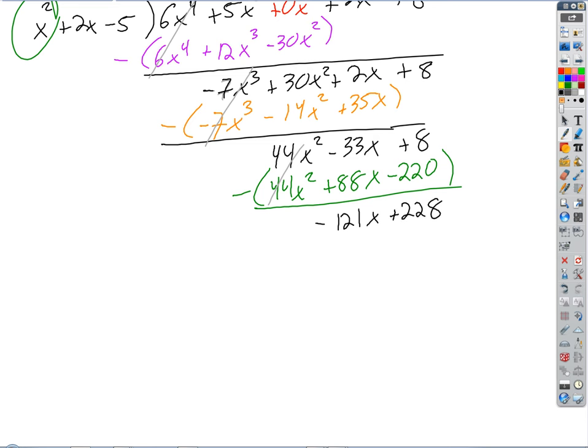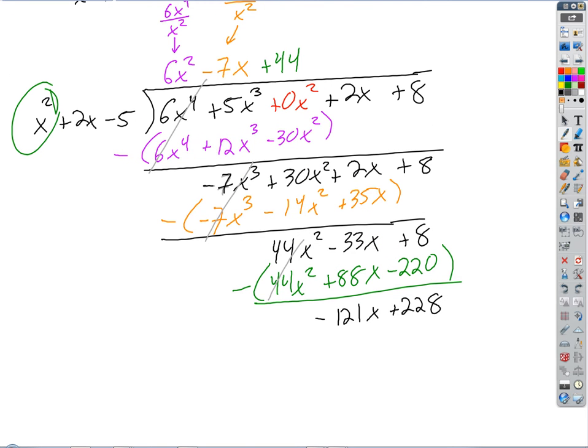Okay. And now what? Okay, but what happens? That's got to be the remainder, doesn't it? Because now x squared no longer divides evenly into this. This is a smaller degree polynomial than the denominator, right? Make sense? So that becomes our remainder.